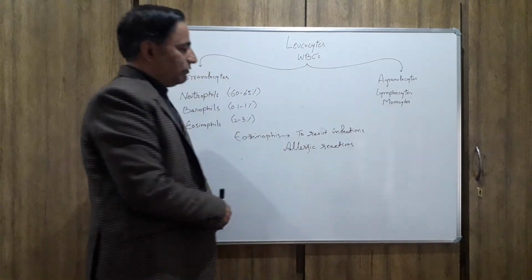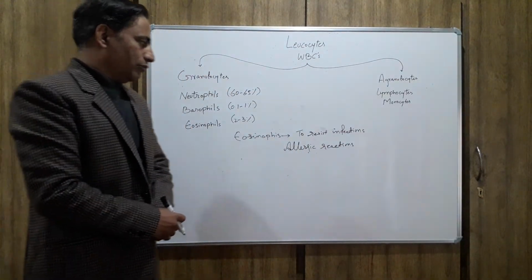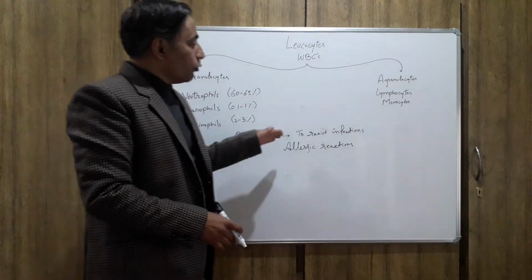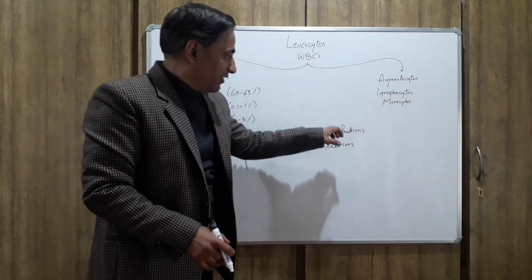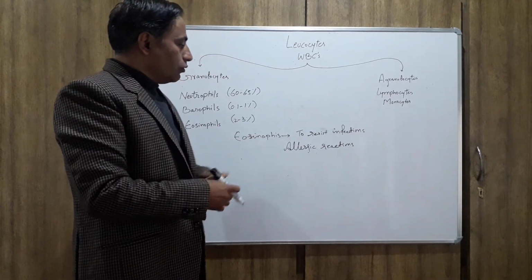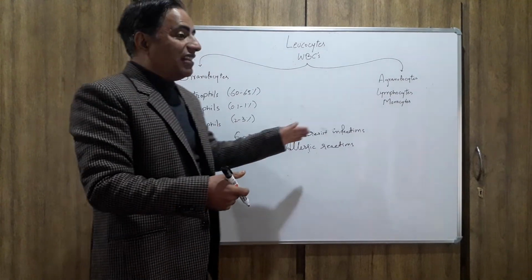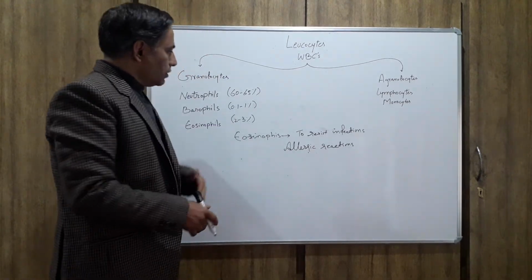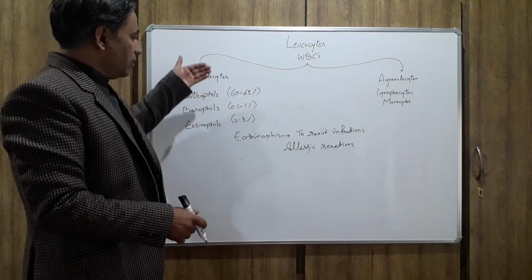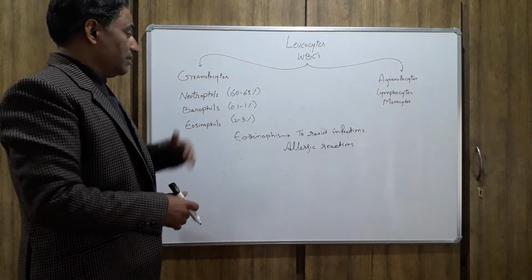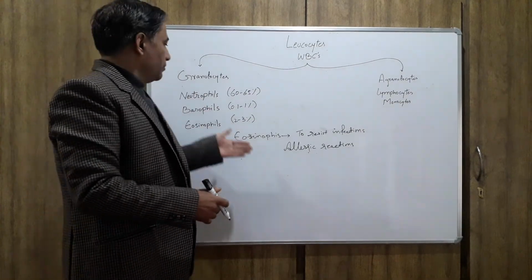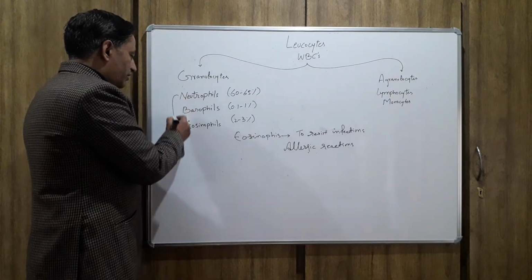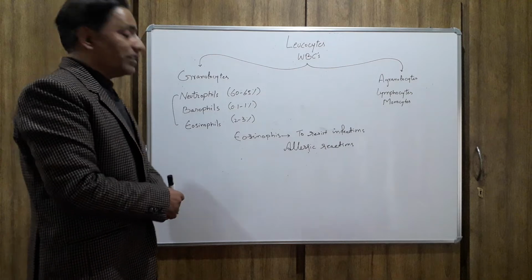They are also associated with allergic reactions of the body. So the basic function of eosinophils is to resist infections, and they are also associated with producing allergic reactions within the body. This is in a nutshell the introduction of these three types of cells, which are commonly known as the granulocytes: the neutrophils, basophils, and eosinophils.